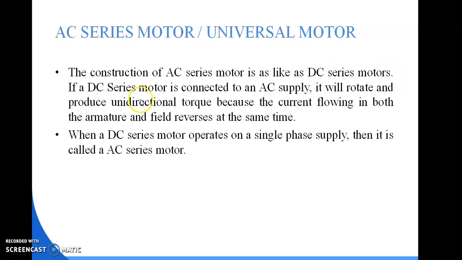If a DC series motor is connected to an AC supply, it will rotate and produce unidirectional torque because the current flowing in both the armature and field reverses at the same time. So, when a DC series motor operates on a single phase supply, it is called an AC series motor.